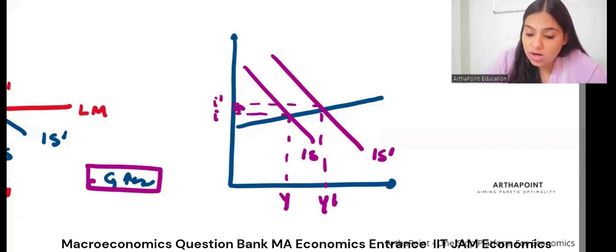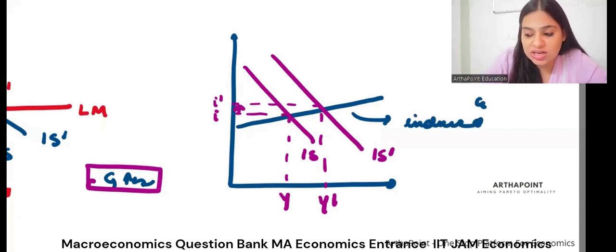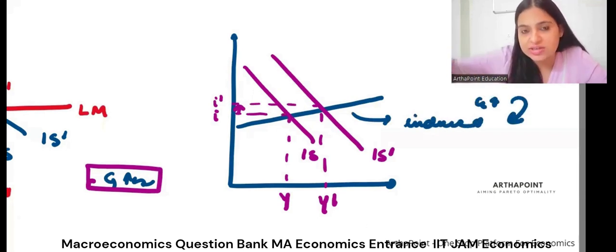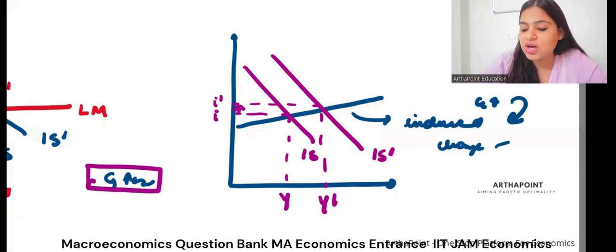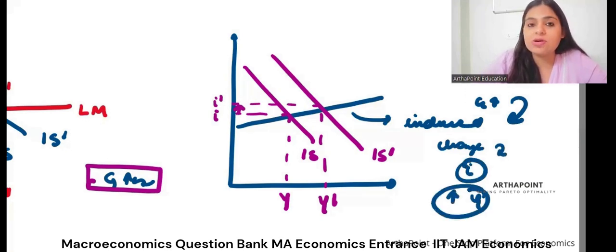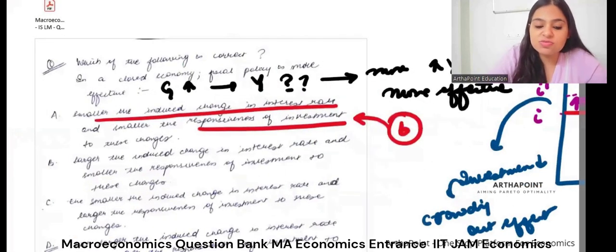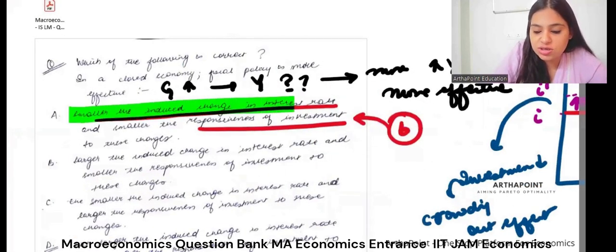So the smaller is the induced change. This is coming because G increased, that is causing interest rate to change. It's an induced change. So the smaller the induced change in interest rate, the bigger the effect on Y because the lesser the crowding out effect. So that's the first point: I should have a smaller induced change in interest rate.